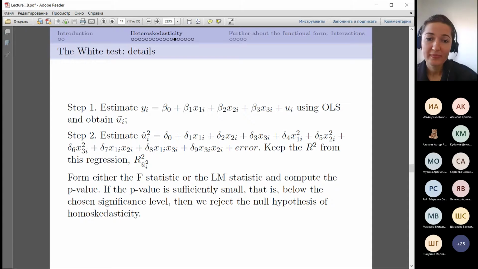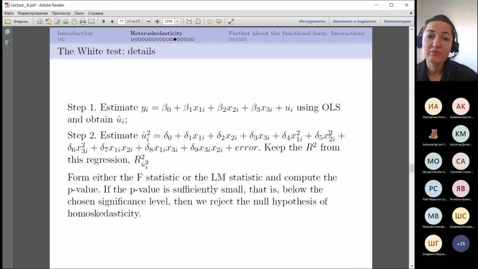You just run your, let's say, original regression of y on all x's. And again, you obtain the residuals. But in the second step, again, you use the same dependent variable, but you add all these square terms of your independent variables, as well as the cross products between the independent variables in your model.